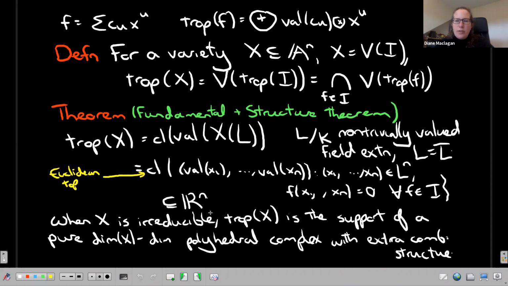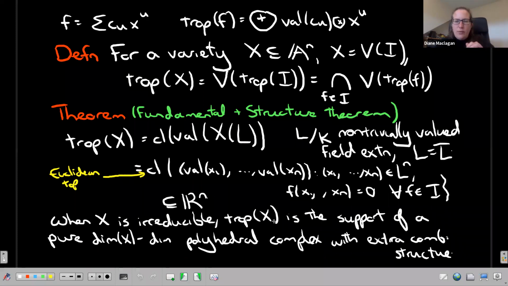And then where does the combinatorics come in? Well, when X is irreducible, trop X is, I'll say the sentence and then interpret it, the support of a pure-dimensional polyhedral complex of dimension dim X with some extra combinatorial structure. That means every picture I've shown you so far was a union of polyhedra, a piecewise linear object.